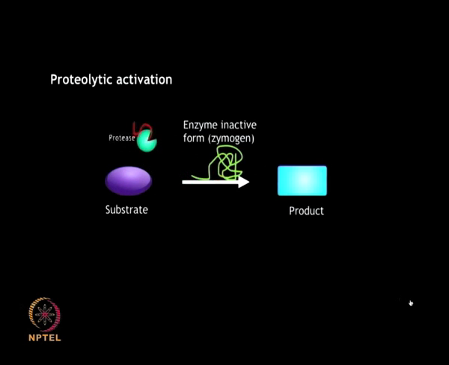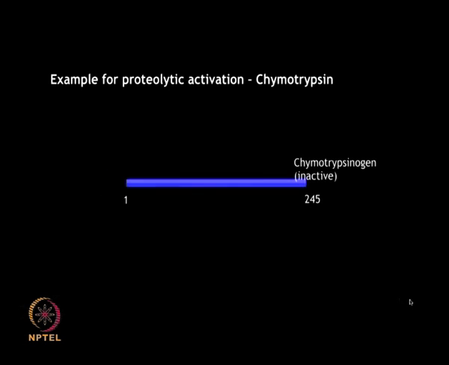The removal of certain regulatory residues irreversibly converts the enzyme into its active form. Unlike reversible modification, the enzyme is degraded after completion of catalysis. Several digestive enzymes as well as clotting factors are regulated by proteolytic activation.